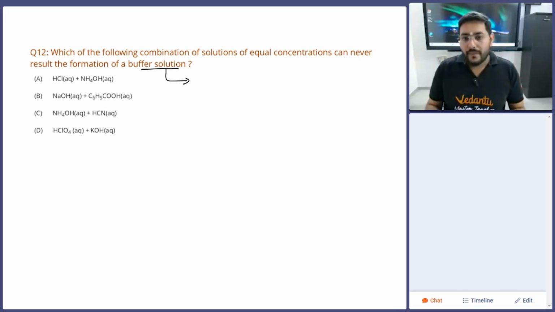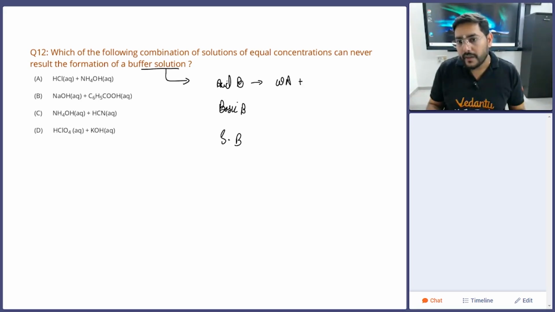So buffer solution, there is acidic buffer, there is basic buffer, and simple buffer basically. Acidic buffer is made up of weak acid plus weak acid, strong base salt. Basic buffer is weak base plus weak base and strong acid salt. And simple buffer is the salt of weak acid and weak base.